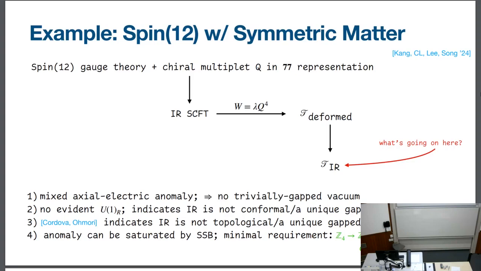If you use the analysis of Cordova-Ohmori, it tells you that the infrared anomaly TFT does not exist, is not consistent, and so there is no unique gapped vacuum. So the anomaly should be saturated by spontaneous symmetry breaking, and the minimal pattern is that you break the Z4, the zero-form symmetry, to a Z2, and you have two confining degenerate vacua. So we've been able to draw some conclusions about this.